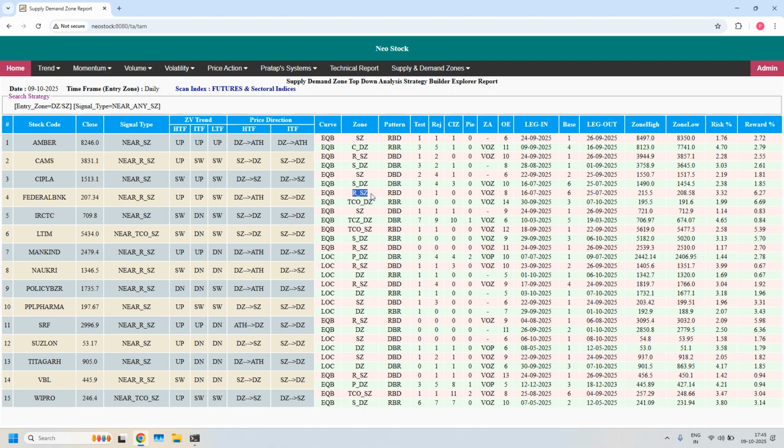The next one is Federal Bank. Next one is Mankind. Naukri. Policy Bazaar.